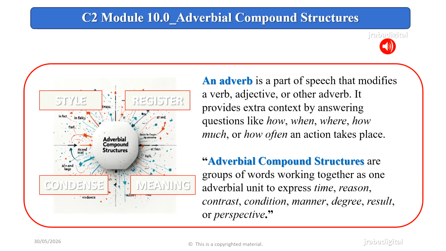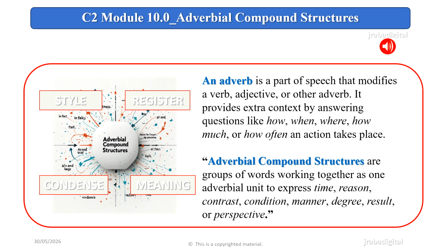An adverb is a part of speech that modifies a verb, adjective, or other adverb. It provides extra context by answering questions like how, when, where, how much, or how often an action takes place.